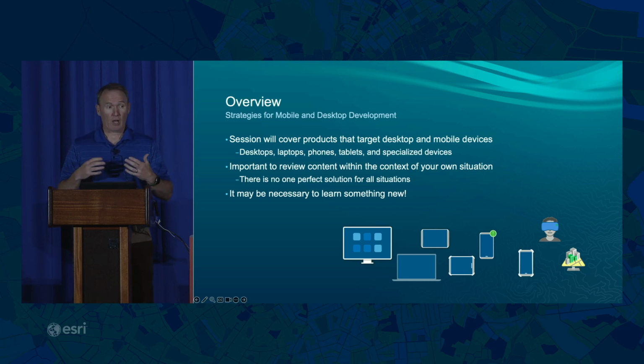There might be multiple options for going on the desktop, for going mobile, and you need to focus on what's important for your situation, the context that you're building in. There might not be a perfect solution that fits everything that you're doing, but we definitely want to help you make those decisions.